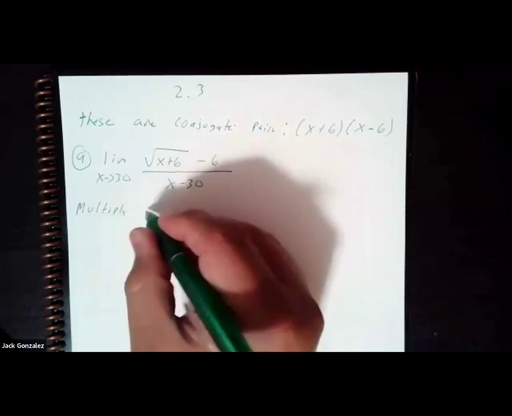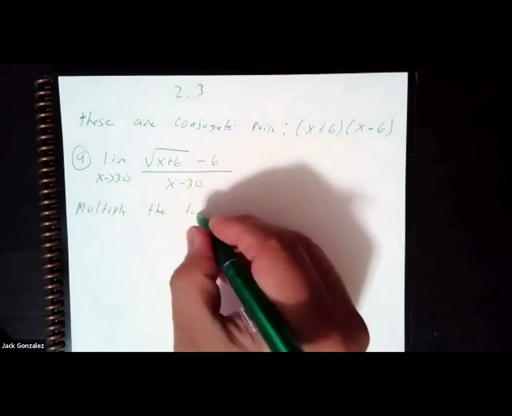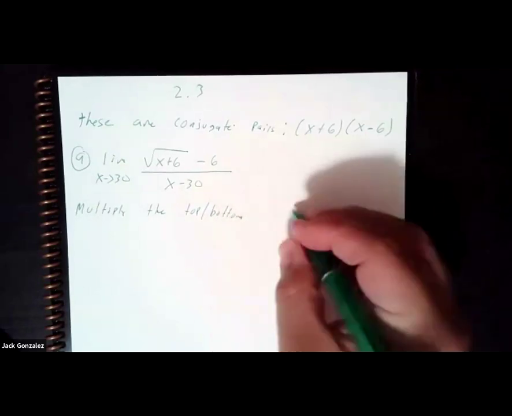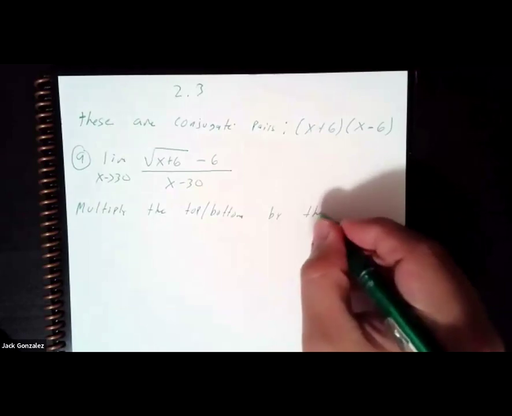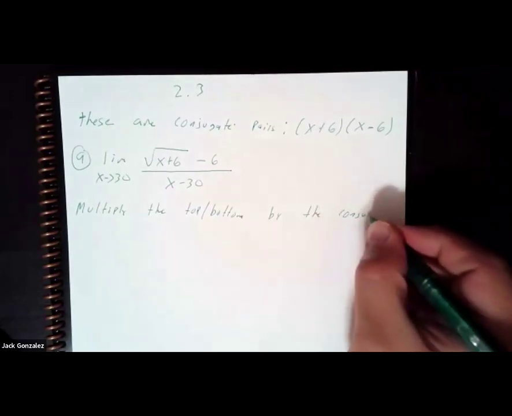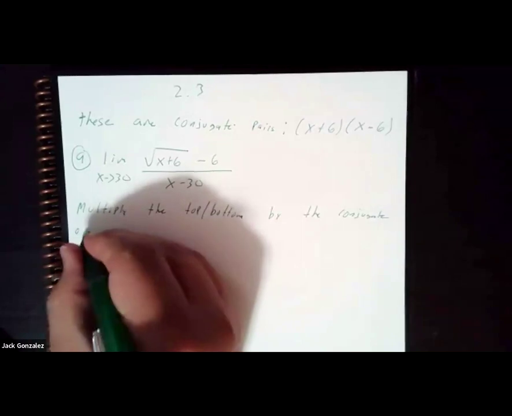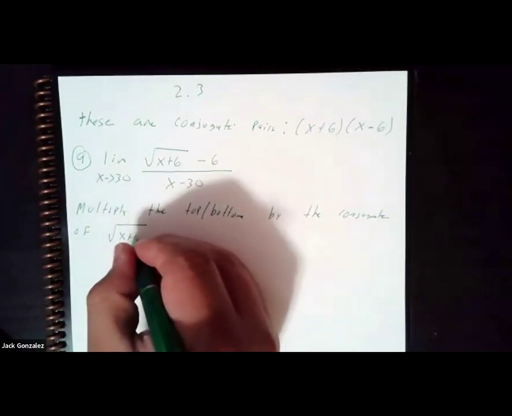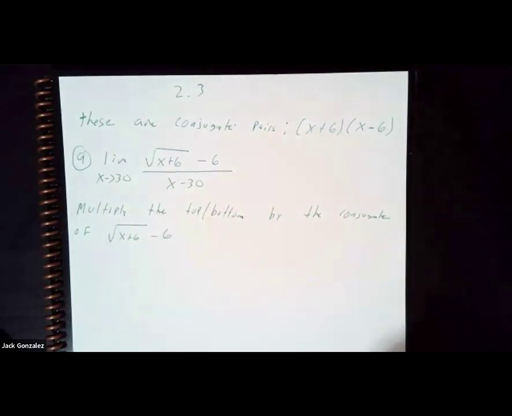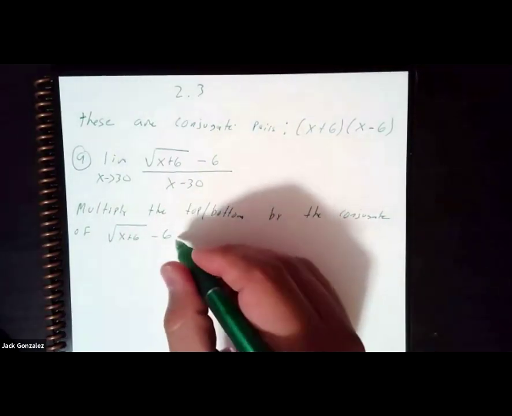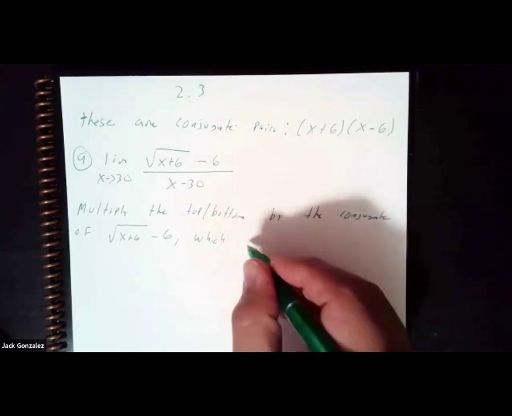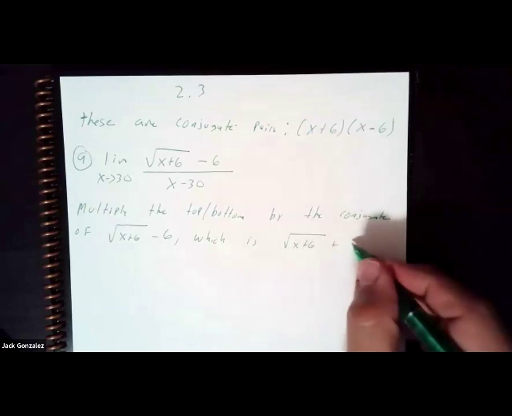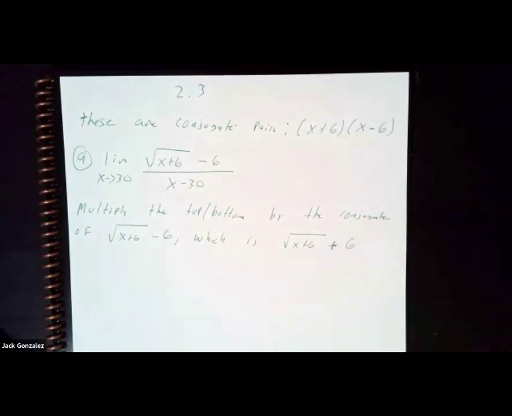Multiply the top and bottom, or the numerator and denominator, by the conjugate of the square root of x plus 6 minus 6, which is obviously the same thing, but change the sign, right?